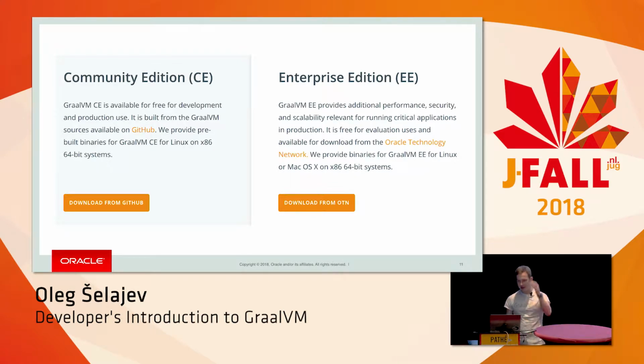So you can evaluate that, you can try that, you can use Polyglot apps and create native images and do all that, and then make a conscious choice if you want additional performance, and then inquire how to obtain the Enterprise Edition if you want. I think currently you need to send an email, because there is no full product description for GraalVM yet. We are hoping to fix that in the future. But now you can evaluate that.